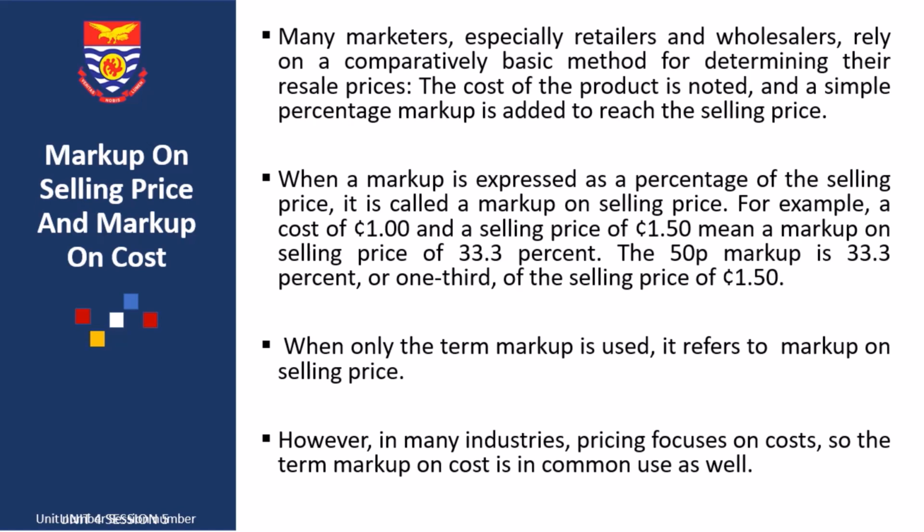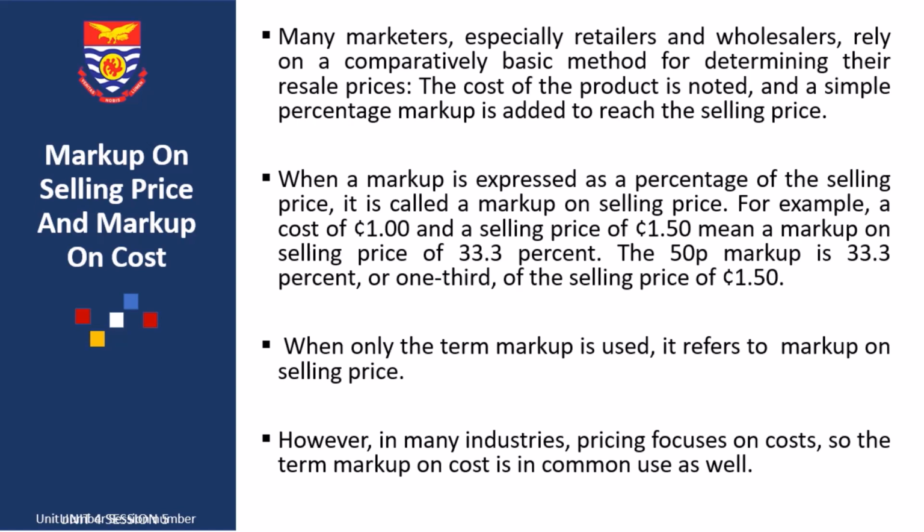For example, a cost of 1 cedi and a selling price of 1 cedi 50 pesos mean a markup on selling price of 33%. The 50 pesos markup is 33.3%, or 1/3, of the selling price. We will work this out so you understand it deeper.